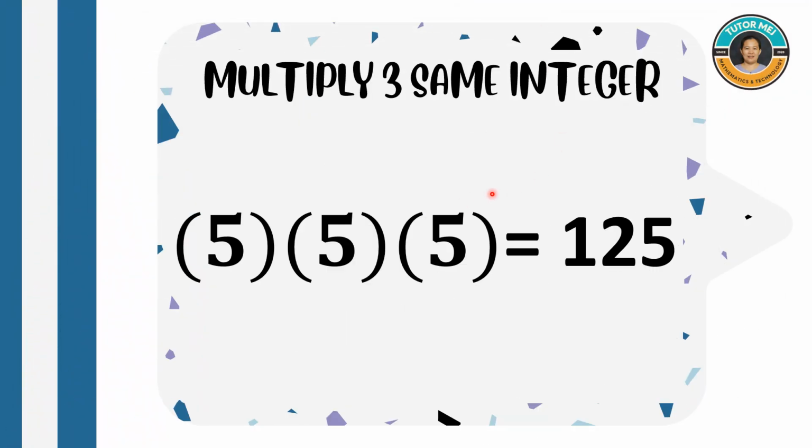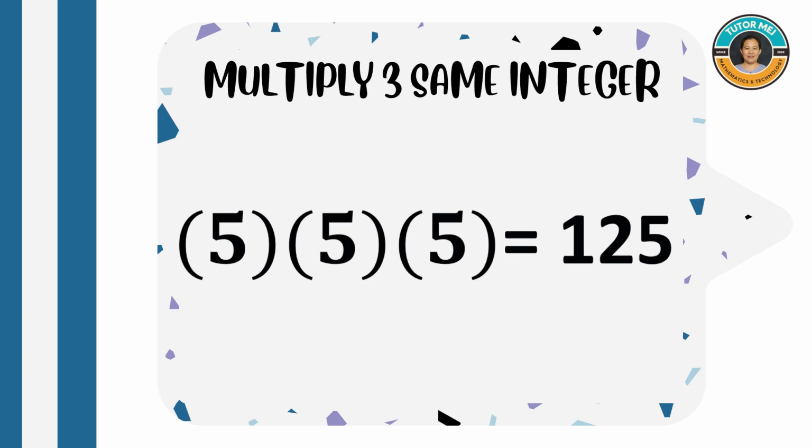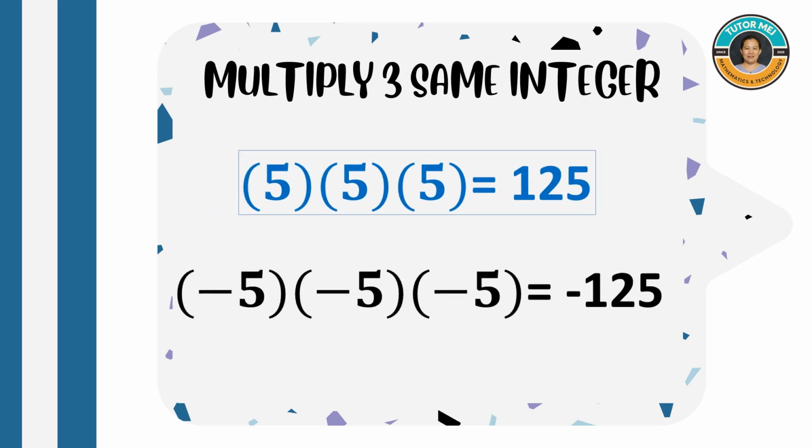Now, let us check our answer. If we multiply positive 5 times positive 5 times positive 5, it will give us positive 125. And if we multiply negative 5 times negative 5 times negative 5, it will give us negative 125.